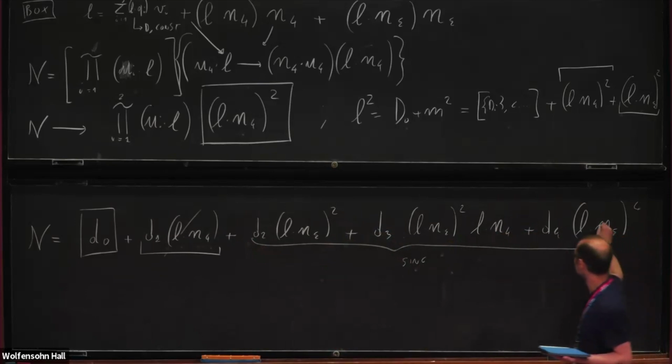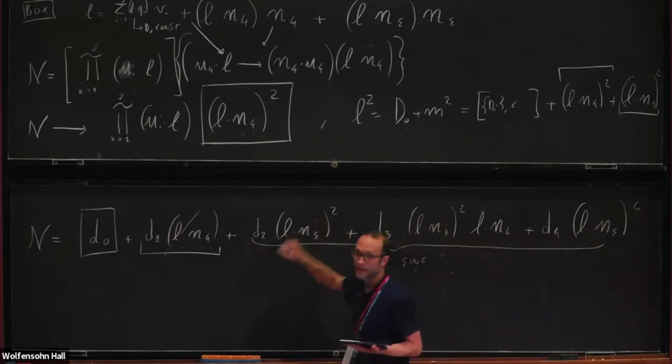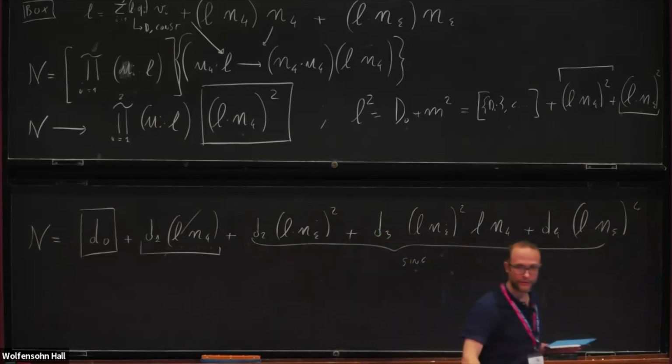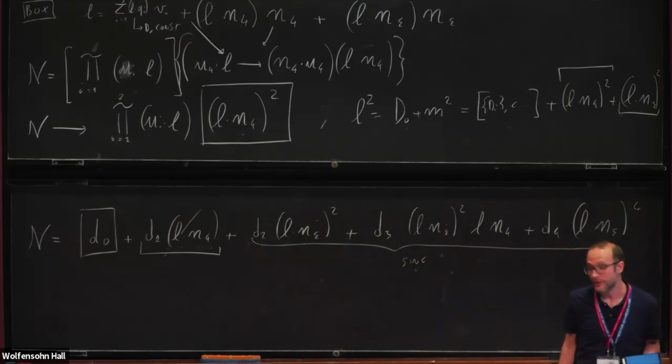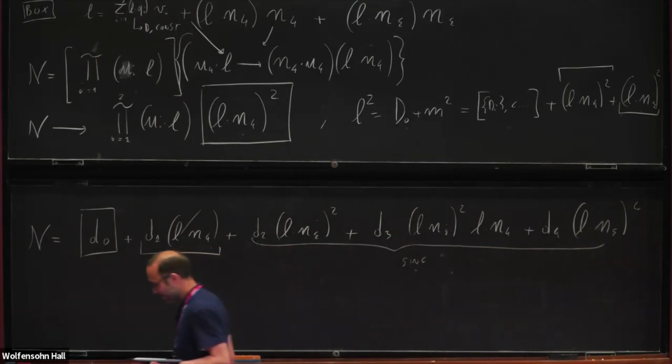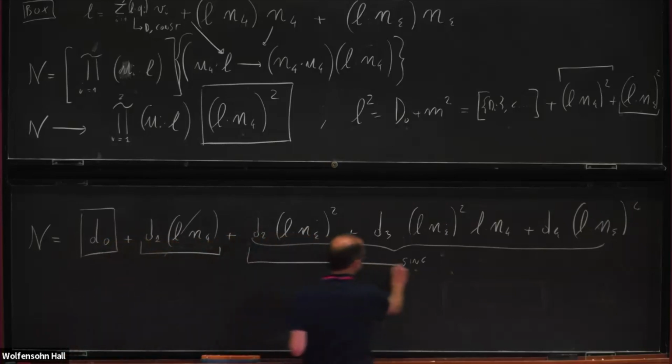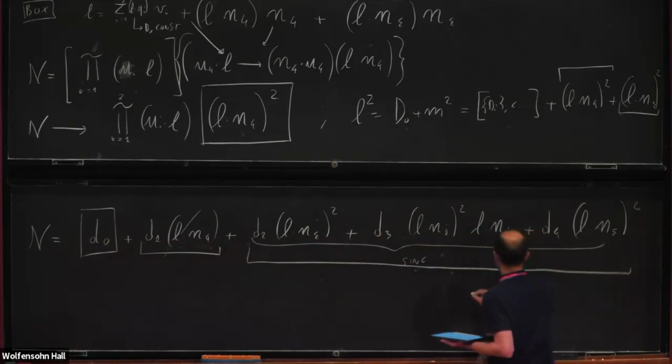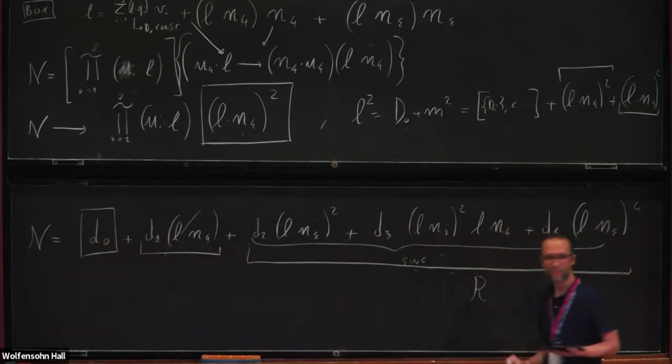So all these are order epsilon, they hit a 1 over epsilon pole, and they will give you a rational function. And as you know, there is no way that you can reconstruct rational functions through unitarity cuts. So this is the problem. This is the R that I was showing you before, and for now I will ignore it. I will come back to it later on.